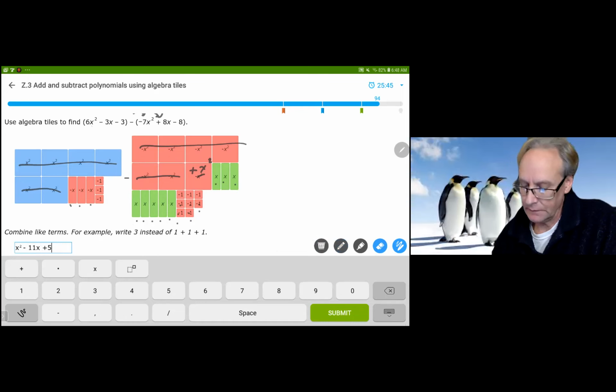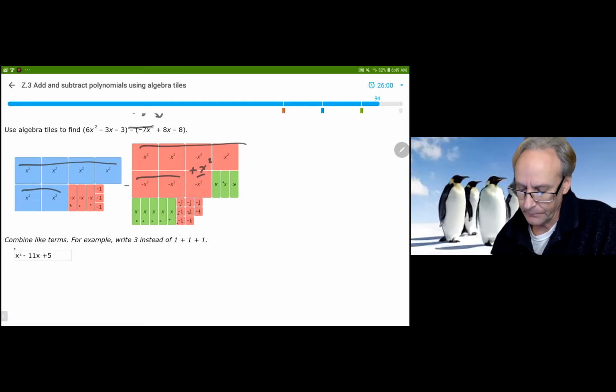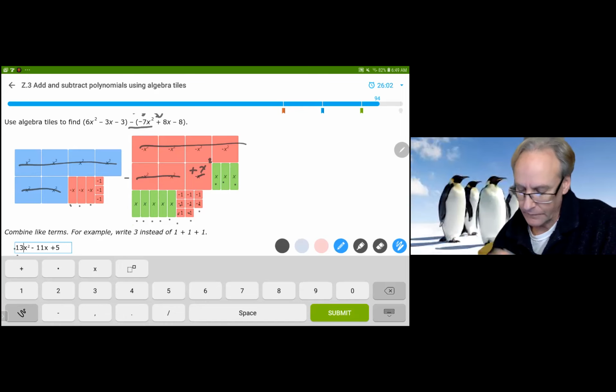That is wrong. Distribute that negative, and those are positive 7x squareds, which gives us 13x squared, doesn't it? Jeez. Okay, so 13x squared minus 11x plus 5 is correct.